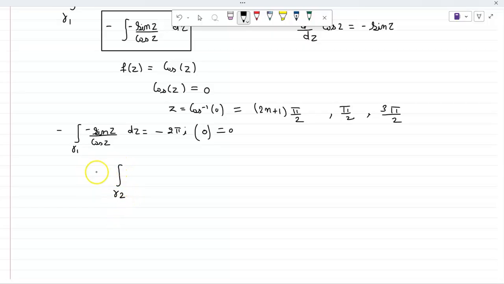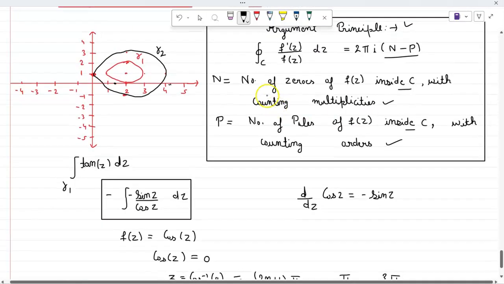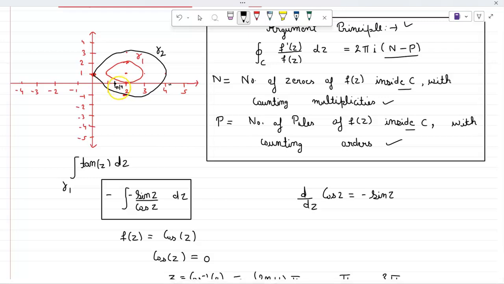Now let's calculate for gamma 2: the integral over gamma 2 of minus sine z upon cos z dz. Let's find out how many zeros lie inside gamma 2. Pi by 2 lies inside gamma 2, but 3 pi by 2 is somewhere here, so it doesn't lie inside gamma 2.